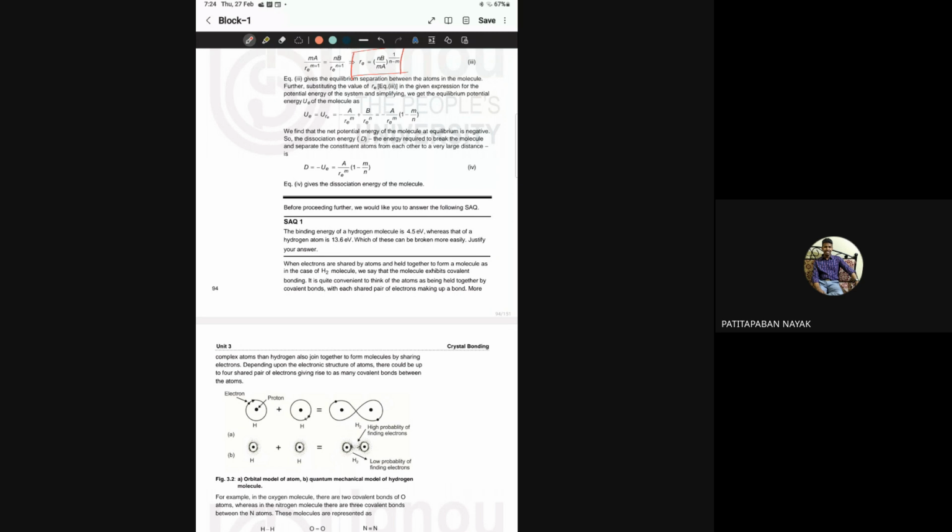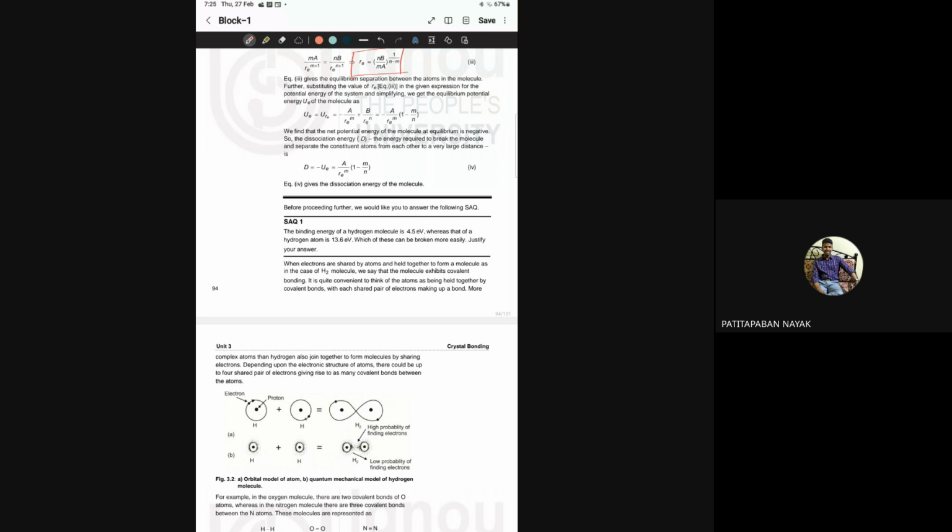Chlorine has 17 electrons, and it needs one to become stable. That's how there is transfer of an electron from sodium to chlorine. Once sodium loses one electron, it becomes Na plus, and chlorine accepts one electron and becomes Cl minus.